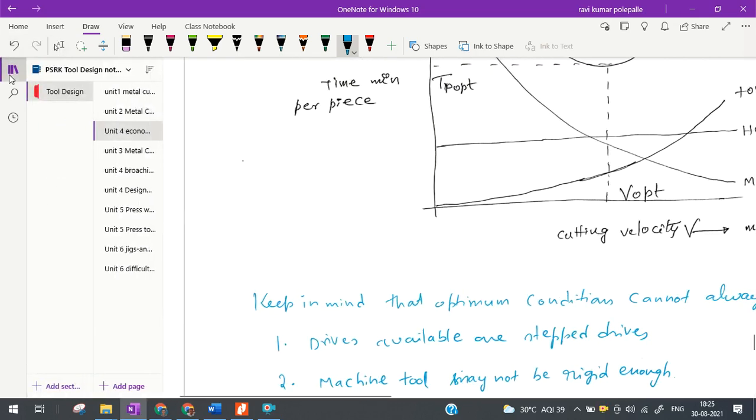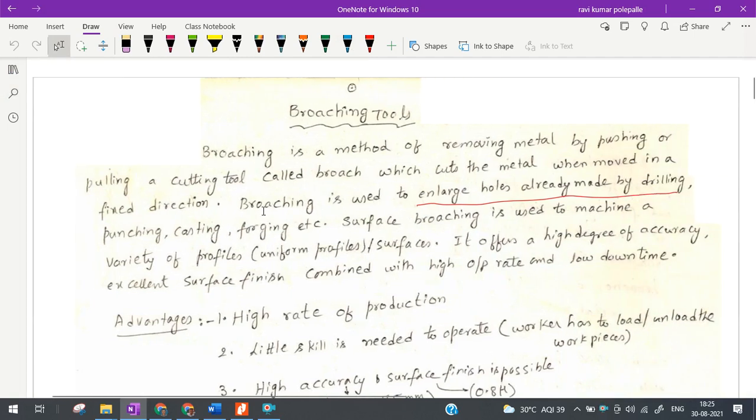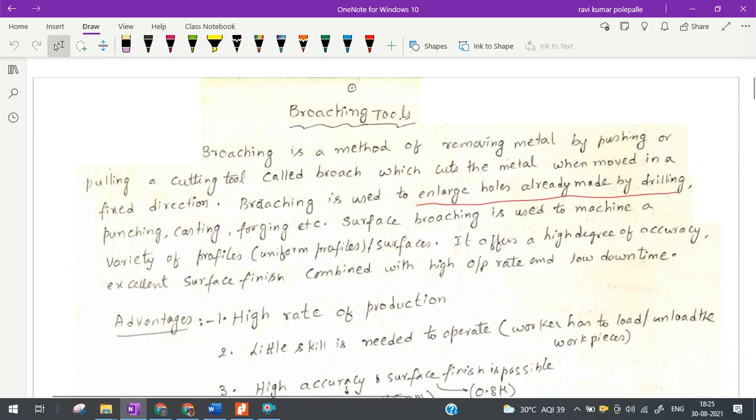Next we shall discuss multi-point cutting tools as well as shank design for a single point cutting tool. First we shall discuss broaching tools. Broaching is a process where we enlarge holes which are already available, made by a drilling process or punching process or casting process, whatever be the process.